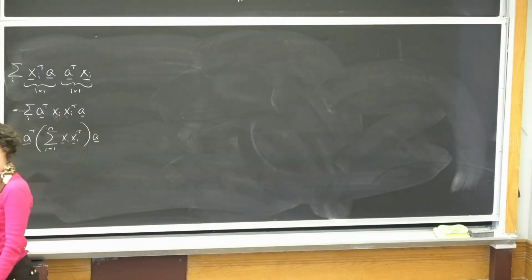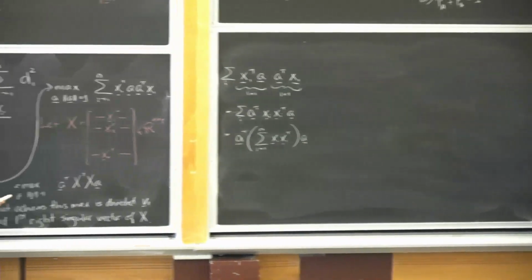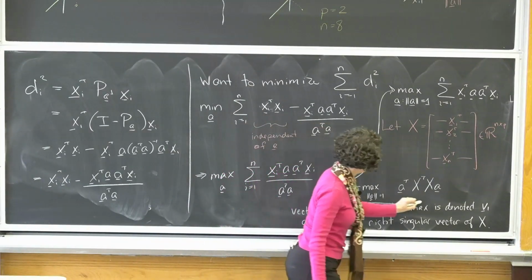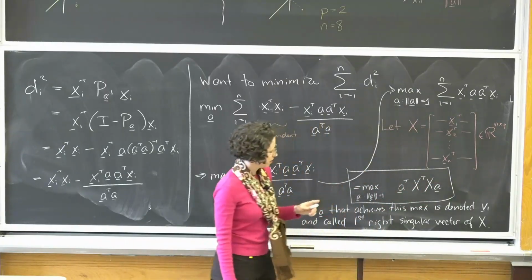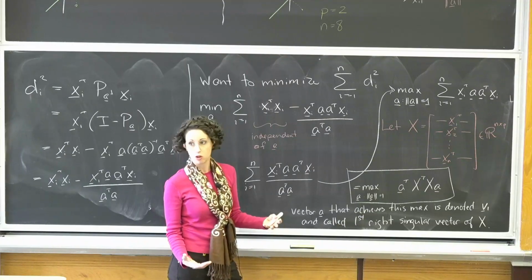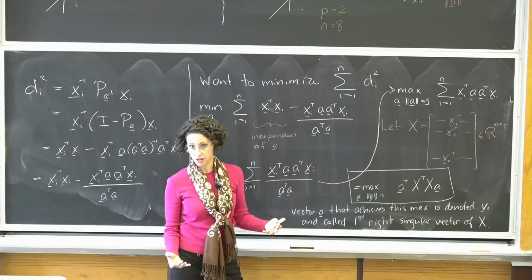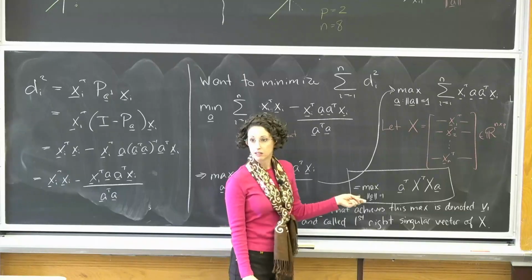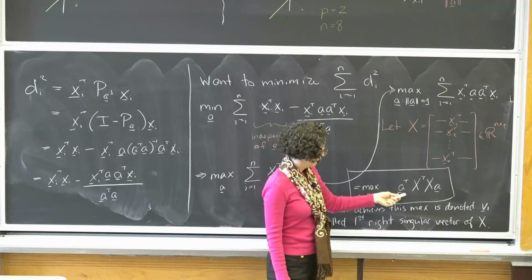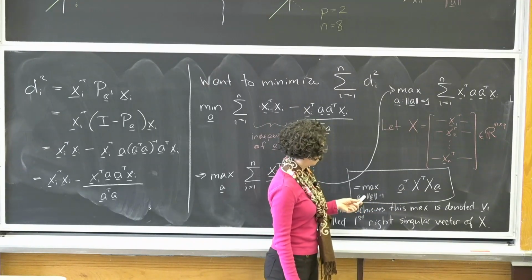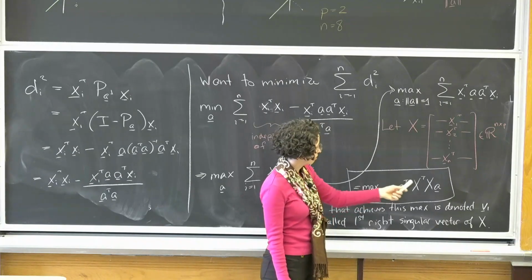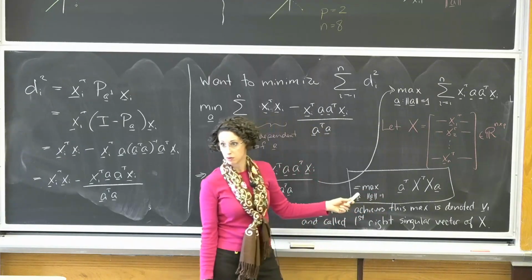One thing I want to mention now before we move forward is that we boiled everything down to this optimization problem here. When we did least squares regression or classification before, we had an optimization problem, and then we derived a simple closed form expression for the solution. That is not something we can do here. So in order to find A, we really do have to use sophisticated iterative optimization techniques to find the A that achieves this maximum.